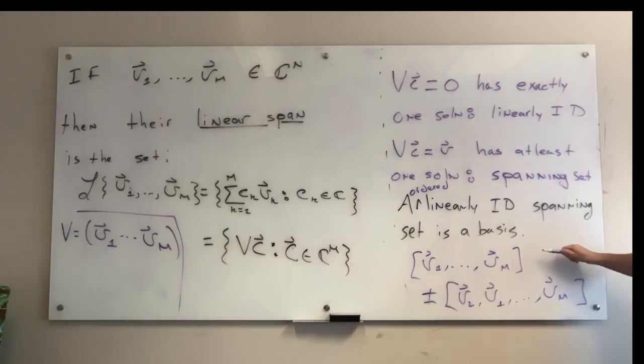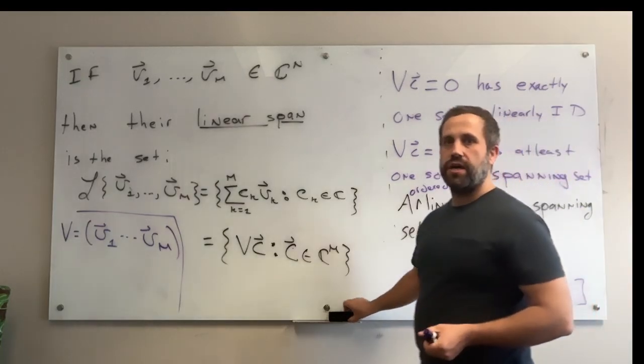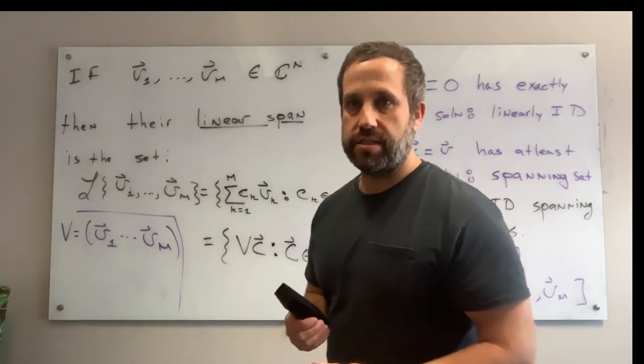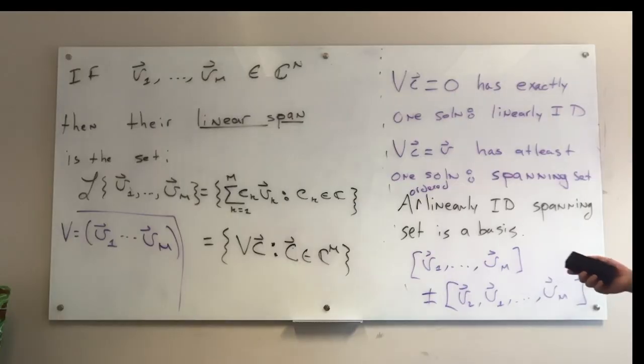In terms of sets, these are equal to each other, but the order of the basis is important for something we'll talk about in just a moment. Even though these are equal as sets and they span the same space, we do not say they are the same basis because they are in a different order. The order for a basis matters mostly for bookkeeping reasons that we're just about to talk about.